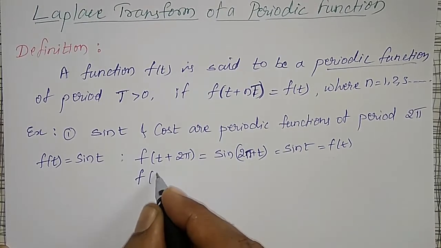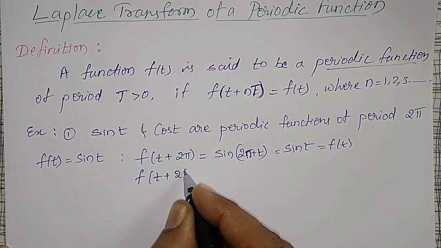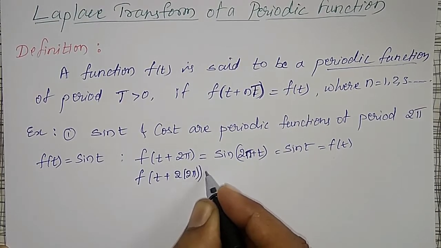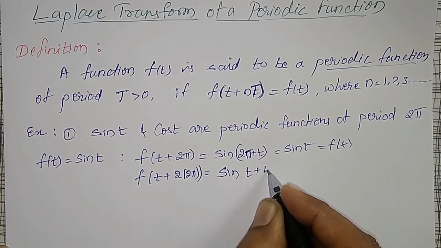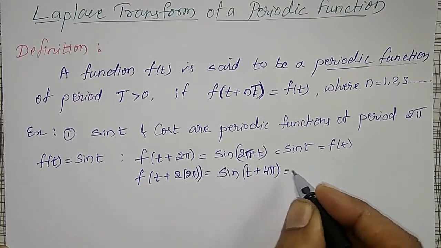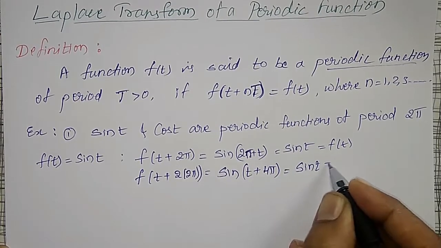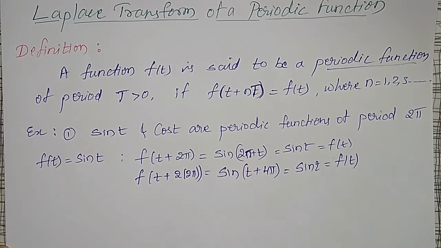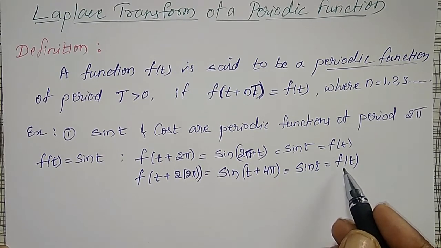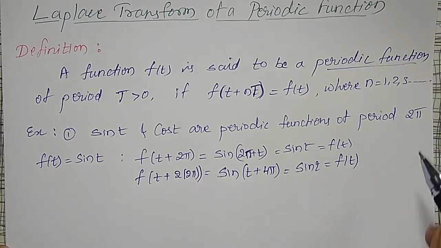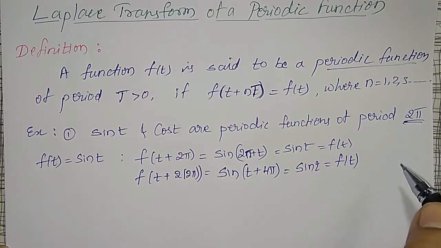If I use f of t plus 2 into 2 pi, that will become sine of t plus 4 pi, also equal to sin t only, that is f of t. Like this, if I use n equal to 1, 2, 3 and so on, I am going to get the same sin t equal to f of t. Therefore, sin t and cos t are the periodic functions of period 2 pi.